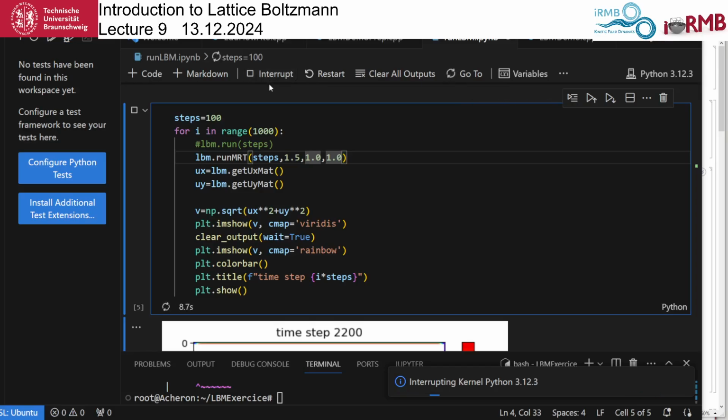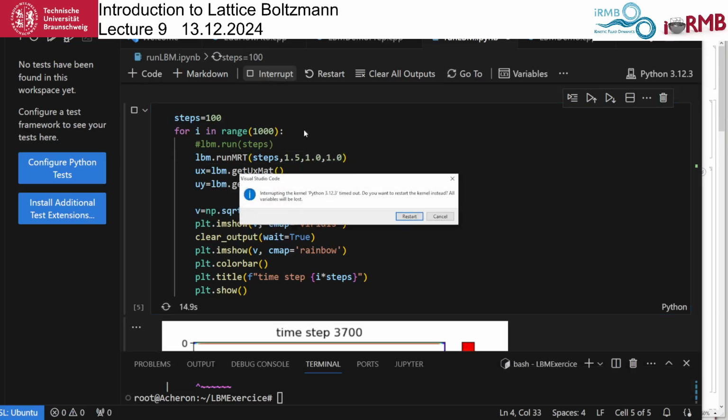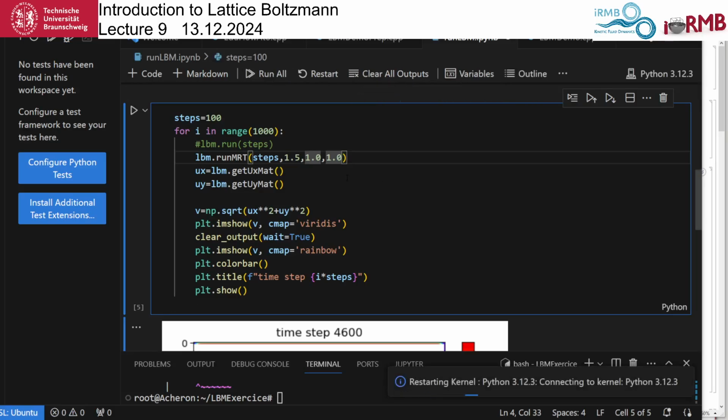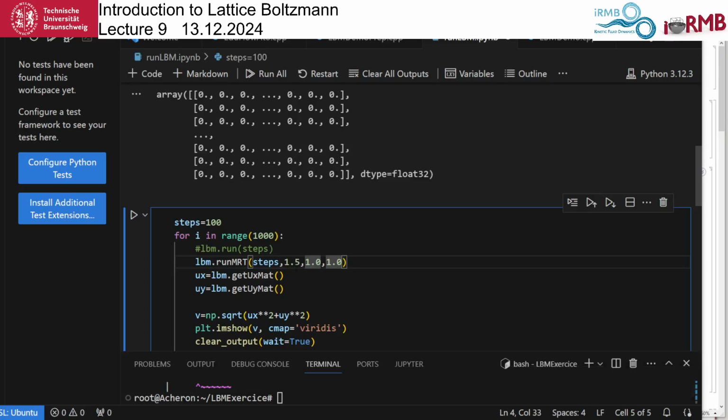Why is it not stopping when I press interrupt? Okay. So let's, instead of this, use non-also. Live action, yeah? What will happen?